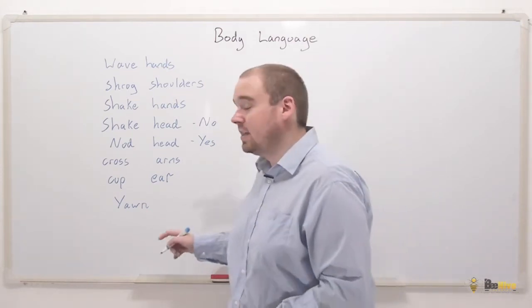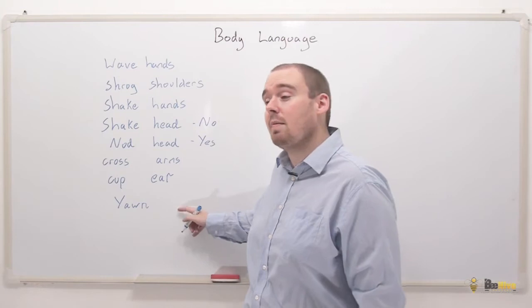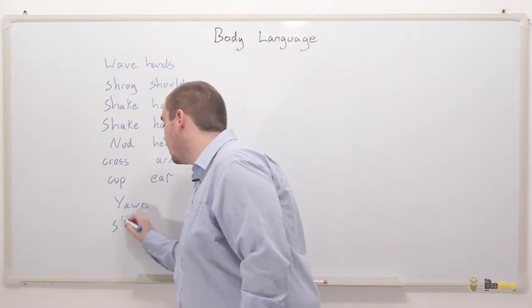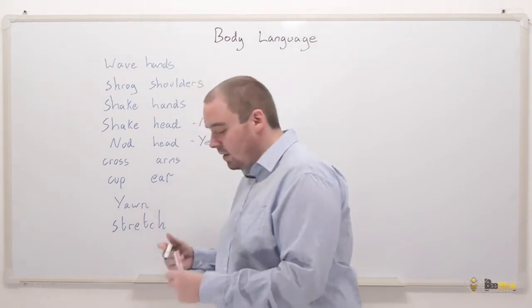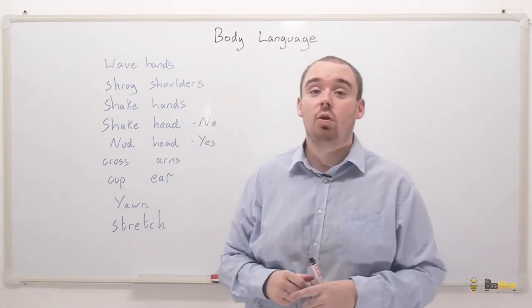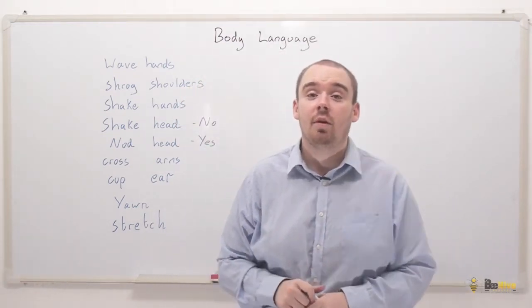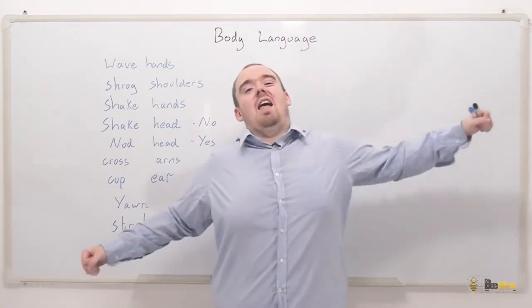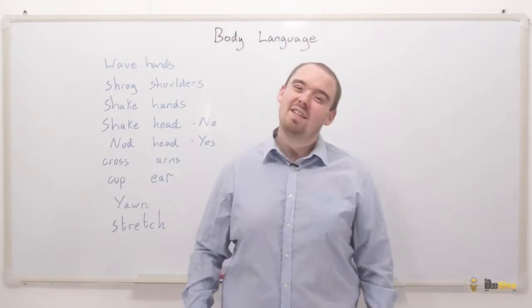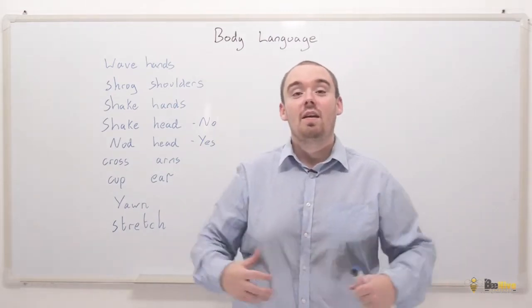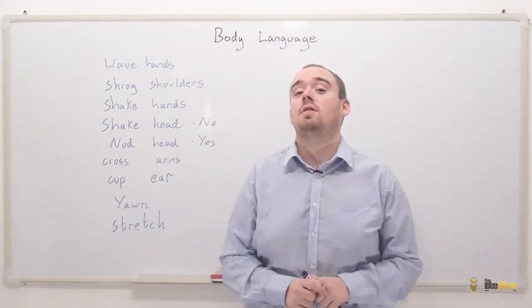And one last body language is also a little bit the same as yawn, which is stretch. This is also something people do when they're tired. They stretch out their arms or their neck. Okay? They stretch their muscles.